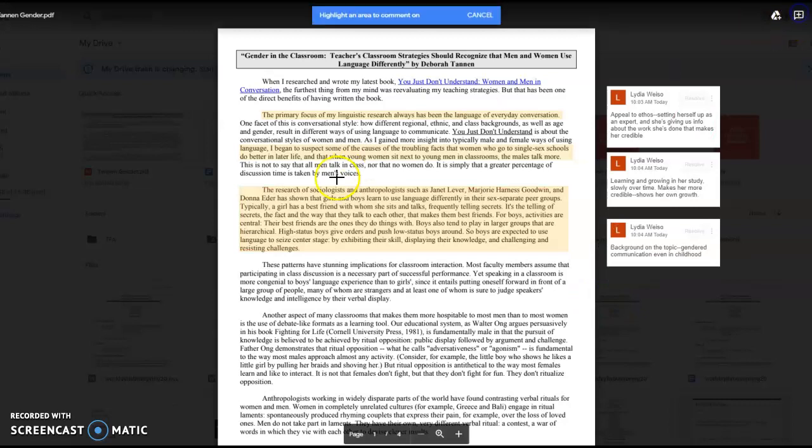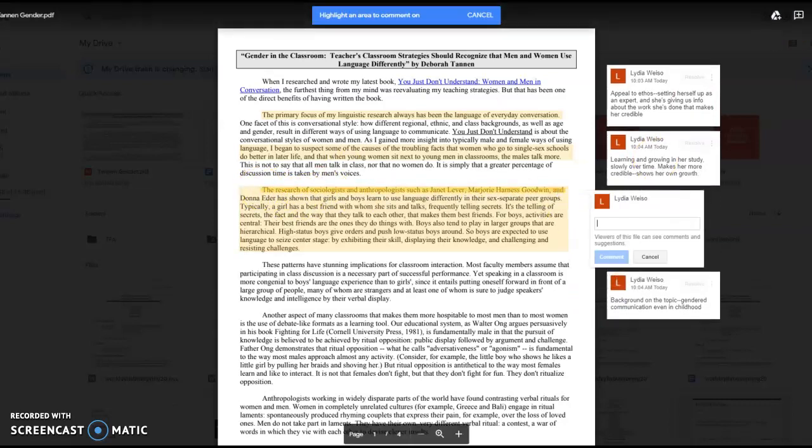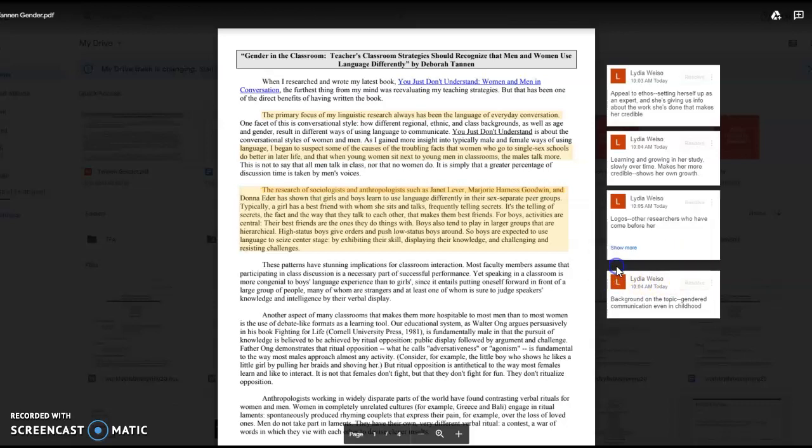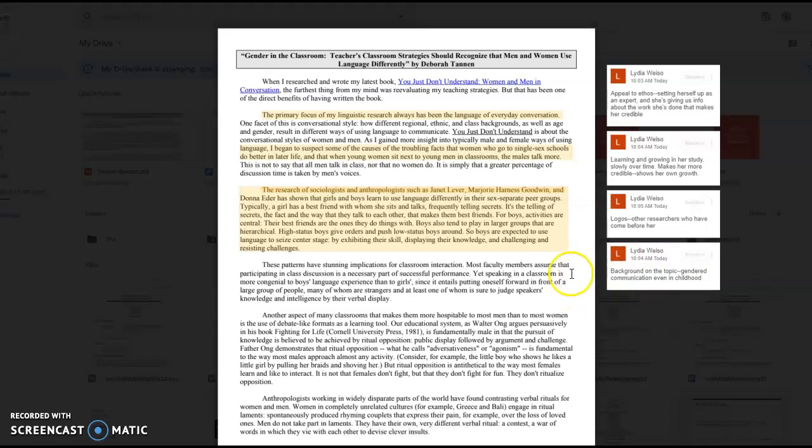And then I'm going to comment again here because she's using logos by bringing in other researchers who have come before her. And she's using their evidence to make her argument.